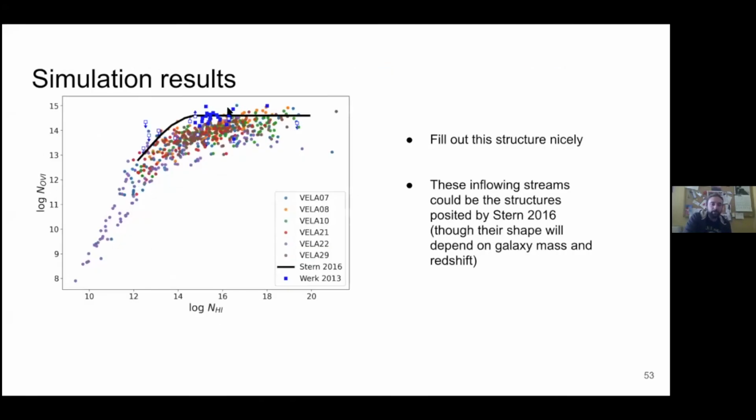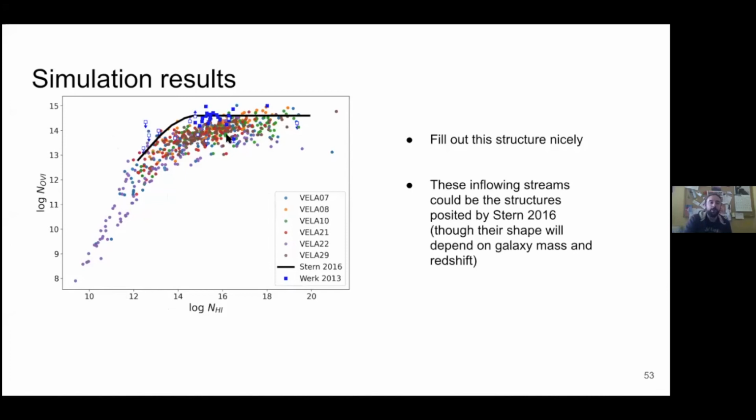So we actually fill in this structure that they drew with this black line kind of nicely. If we increase H1, that means you're going through a denser and denser part of, let's say, the stream, then we're going to increase our oxygen 6 value up to a point, until we are going through parts where the oxygen 6 total fraction is declining.